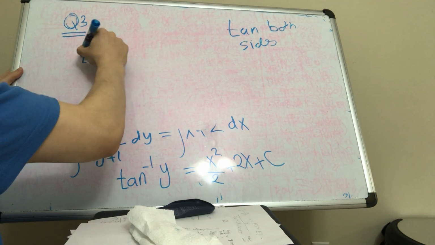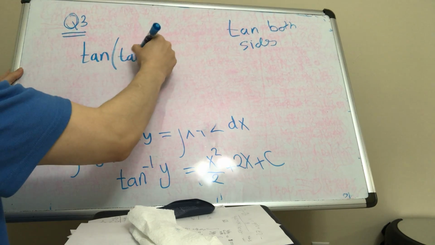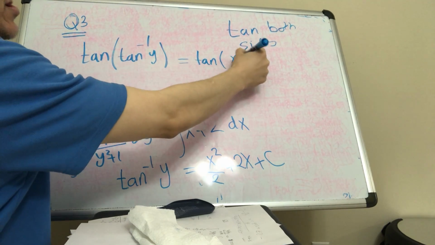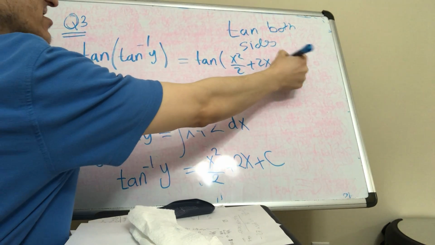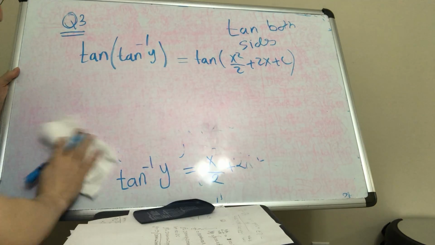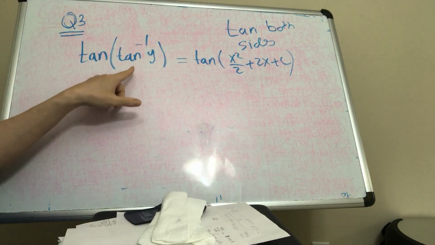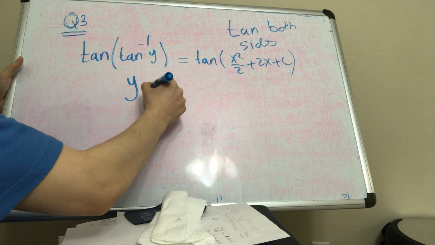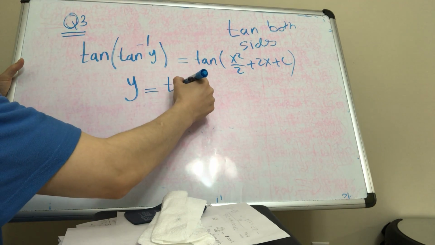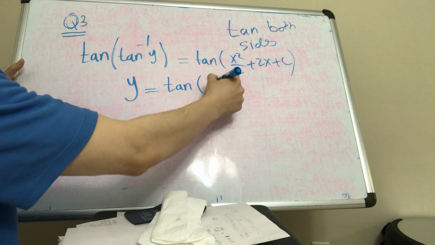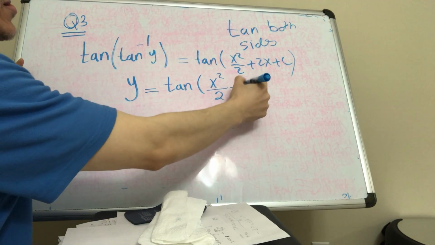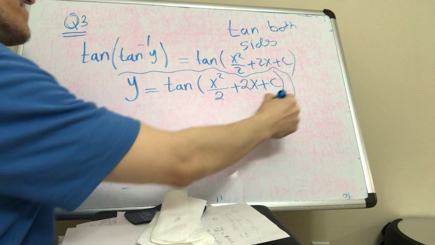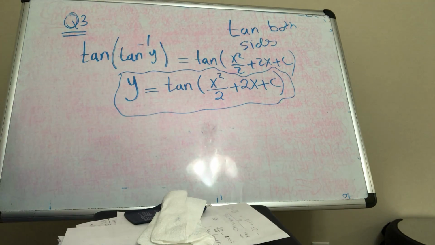I'm going to tan the tan inverse of y, and tan the x squared over 2 plus 2x plus c. Because tan and tan inverse cancel each other, you have y left. And here is tan of x squared over 2 plus 2x plus c. This here is what's called the general solution.